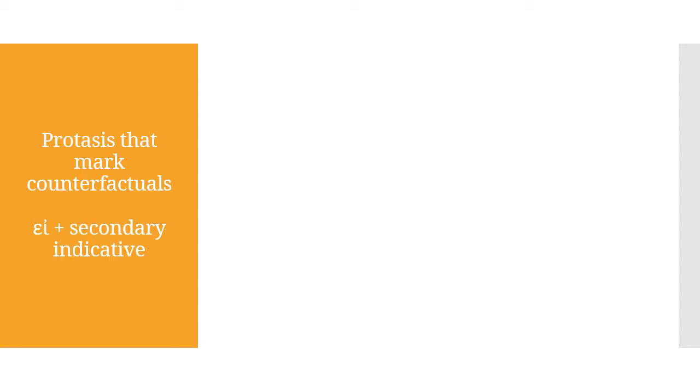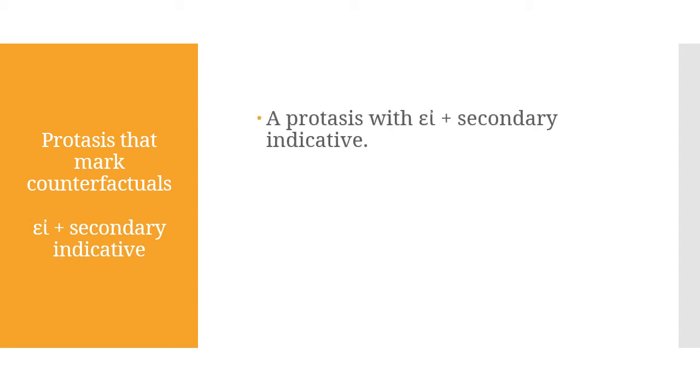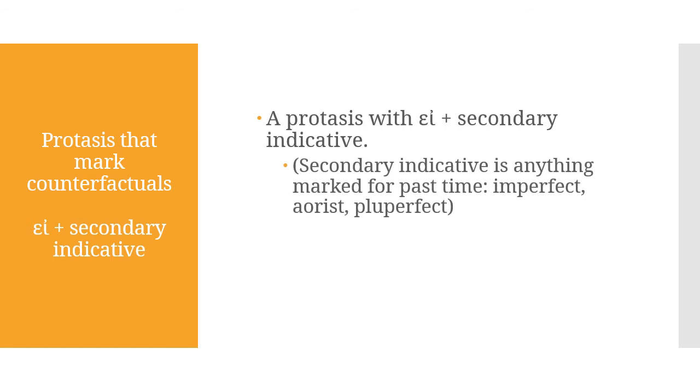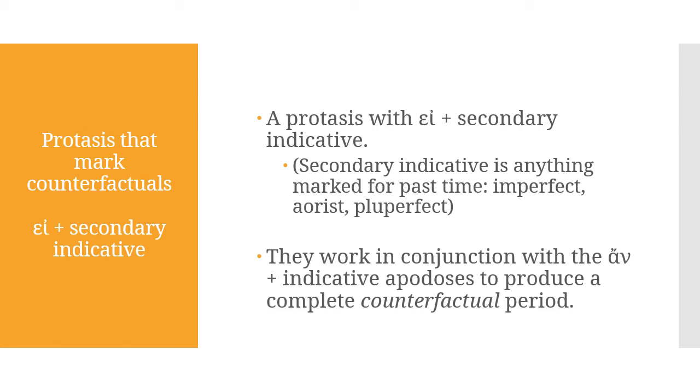And here we're talking about ei with a secondary indicative. Secondary indicative, to remind you again, anything marked for past time. Imperfect, paratatikos, aorist, aoristos, pluperfect, hypersyntetikos. And so these work in conjunction with the an indicative that we were speaking about before to produce a complete counterfactual period.